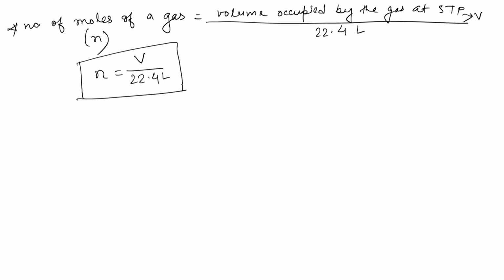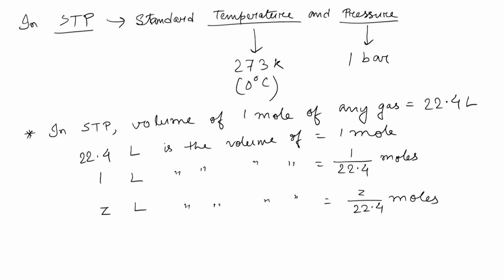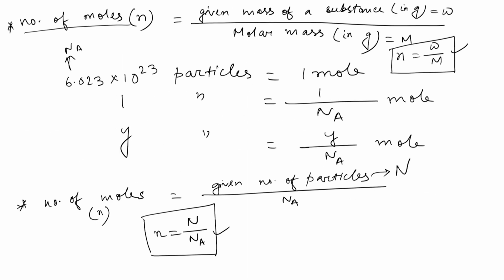Okay. So, this is the third formula. Now, we can correlate all these formulas. So, see, in these three formulas, the left hand side is the same. We are equating number of moles to a lot of things.